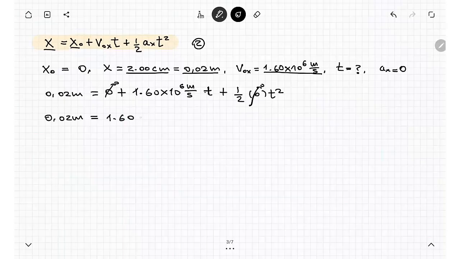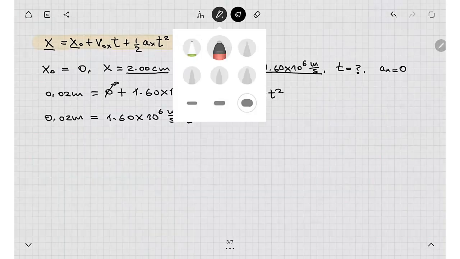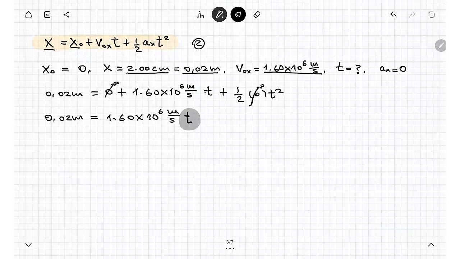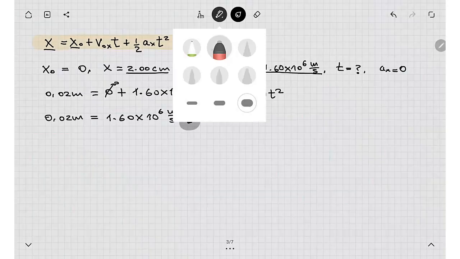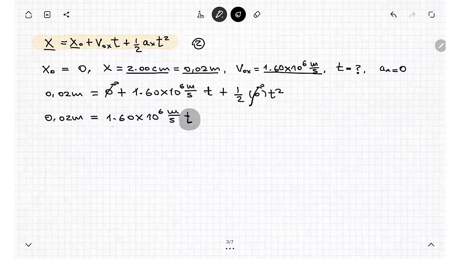equal to 1.6 times 10 to the 6th power meters per second, multiplying the time. All right, I want to clear this term. What I do is I take this expression and send it to the other side of the equation dividing.